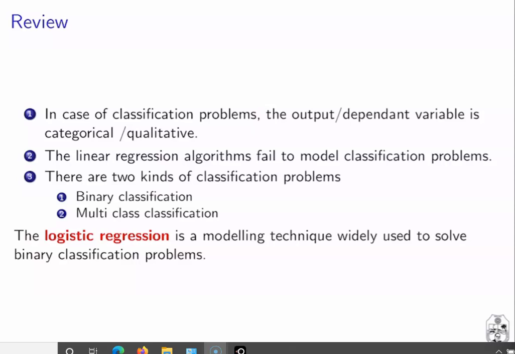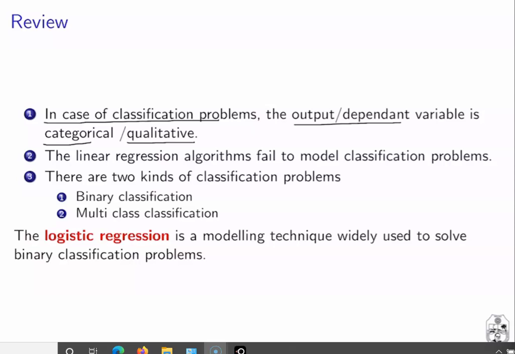In the previous video, I explained that in case of classification problems, the output or the dependent variable is always categorical, non-numeric, or a qualitative one.